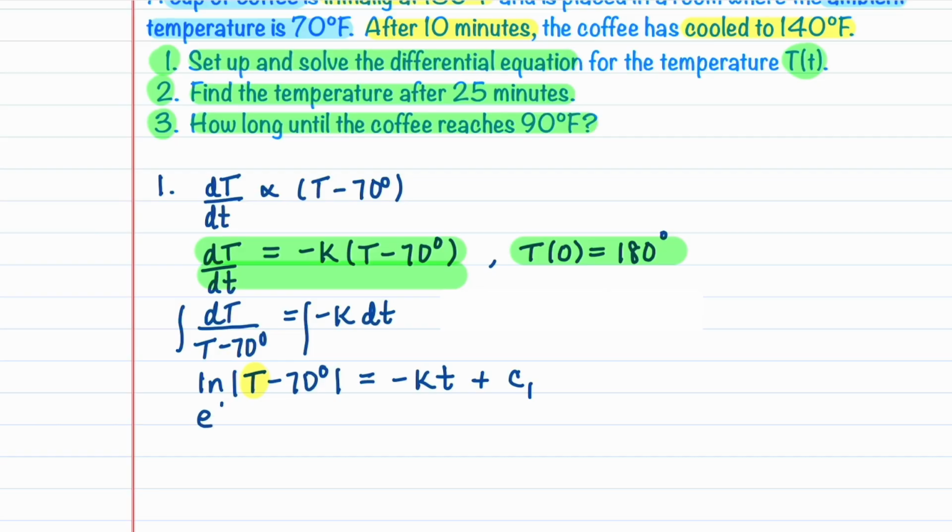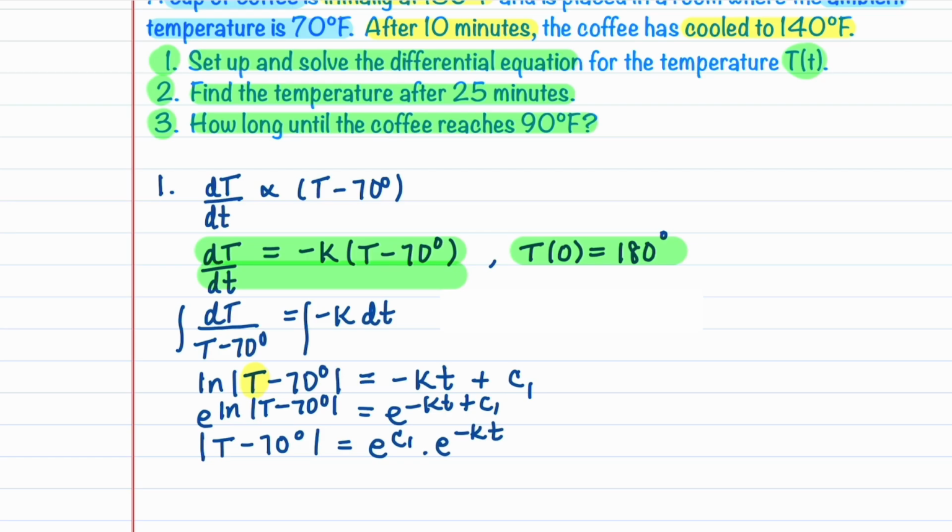We have e to the natural log of the absolute value of T minus 70 degrees is equal to e to the minus kt plus C1. On the left, we just have the absolute value of T minus 70 degrees. And our right-hand side, I'm going to split up as e to the C1, that's our constant term, times e to the minus kt.